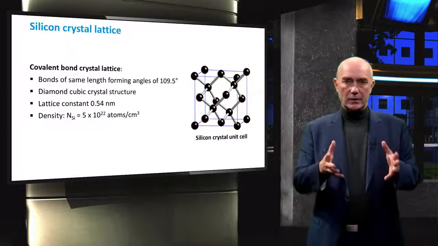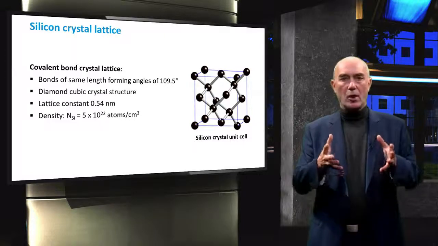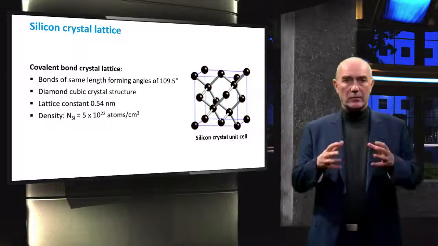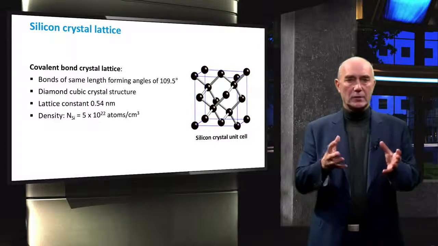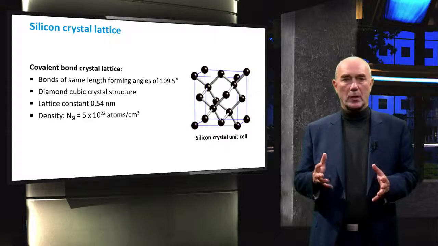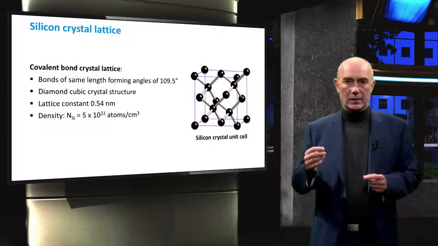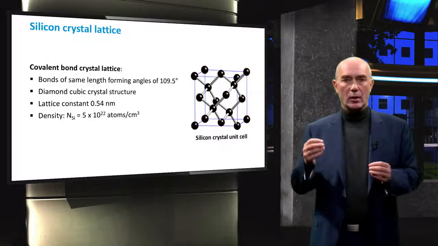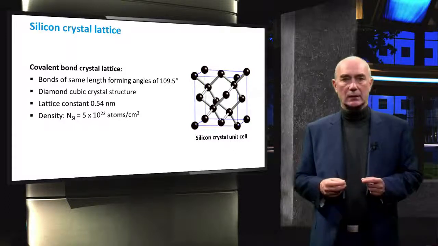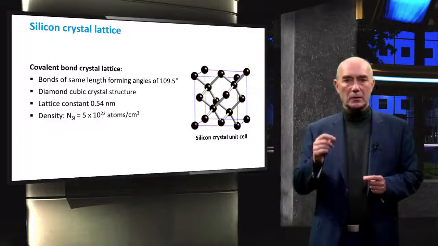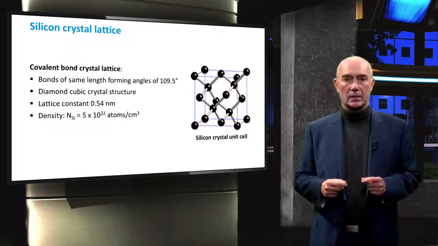This is the smallest organizational unit of the whole crystal lattice. The crystal lattice is constructed by repeating or adding the unit cells together. In the case of silicon, this unit cell is similar to the one of diamond. With 8 atoms contained in the volume of the unit cell, we can also derive the density of silicon, which amounts to 5 times 10 to the power of 22 atoms per cubic centimeter.